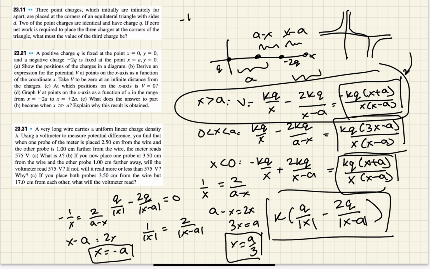So you're going to get negative kq times (x plus a), which is also going to be around x. So it's x over x times x, which is x squared. So it's just negative kq over x as your answer. Basically, there's just one point charged negative q, because the distance between them is negligible.